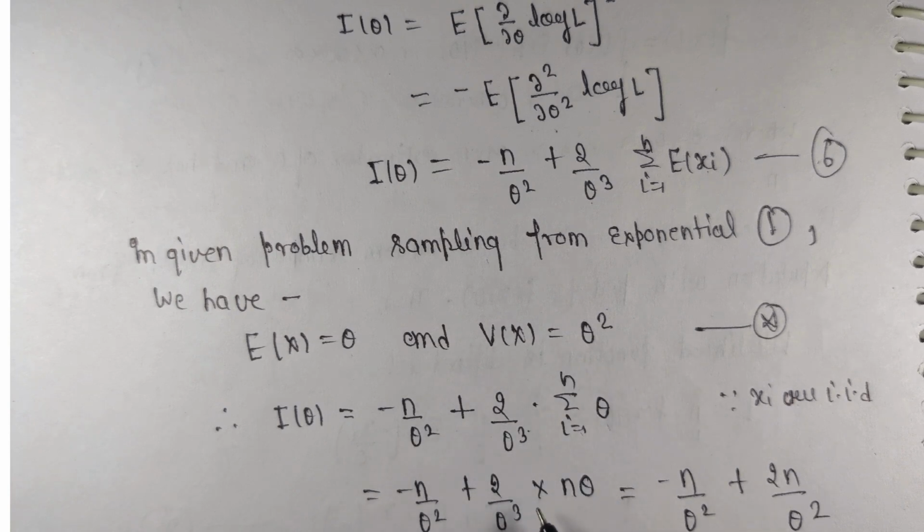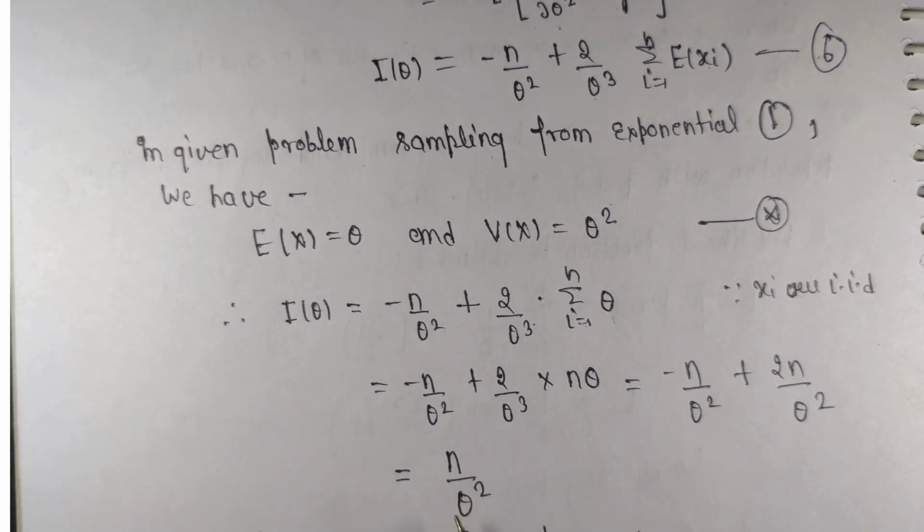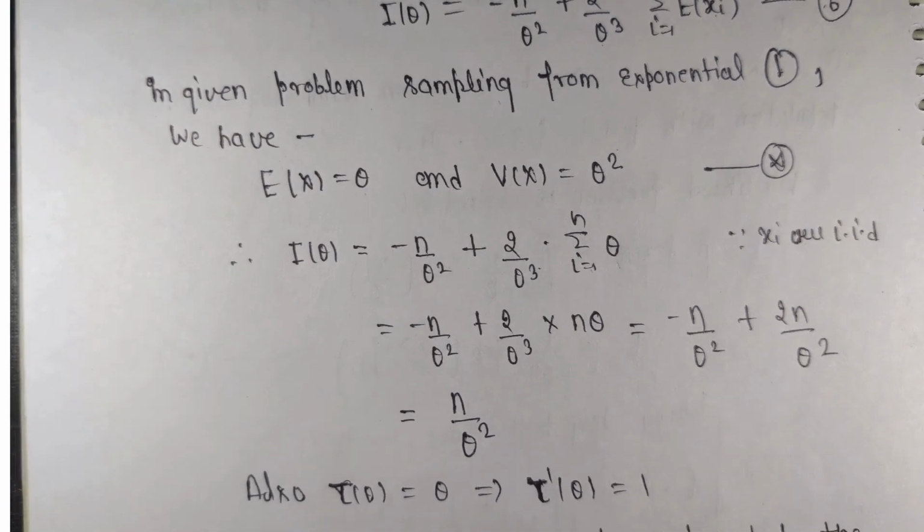So theta cancels out and the result reduces to minus n upon theta square plus 2n upon theta square, and the final result is n upon theta square. Okay, this is the value of I(theta): I(theta) is equal to n upon theta square.